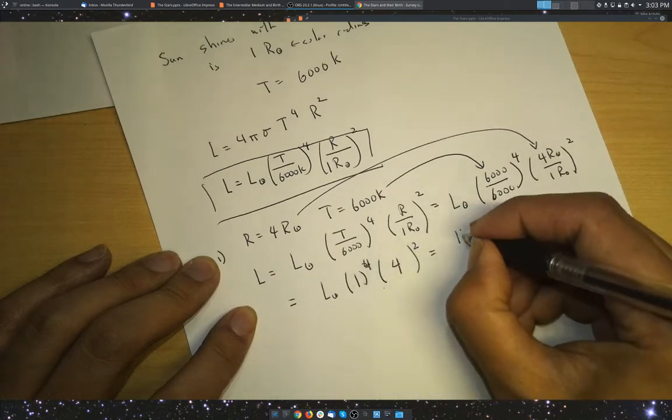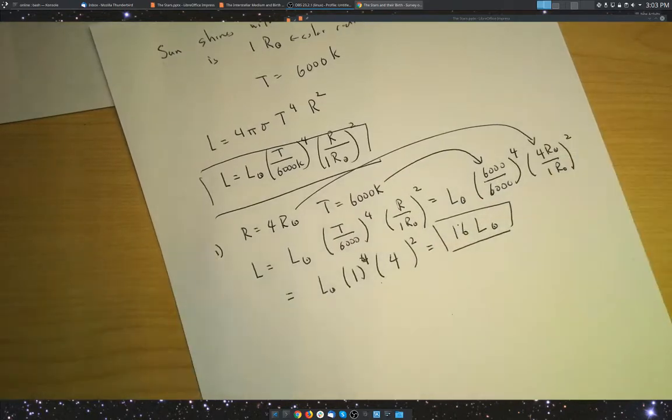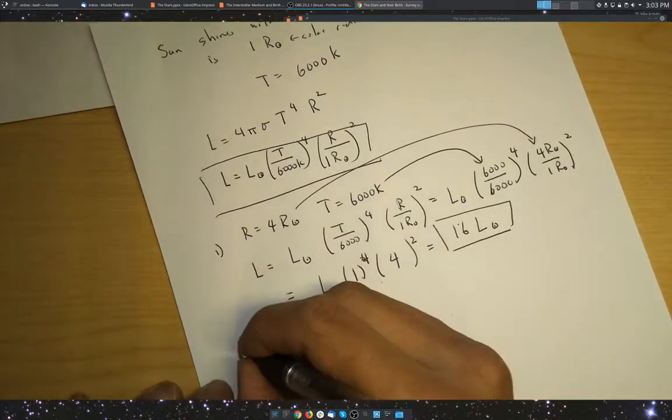The solar radii cancel out, and 4 squared is 16. So 16 L solar. Very nice.